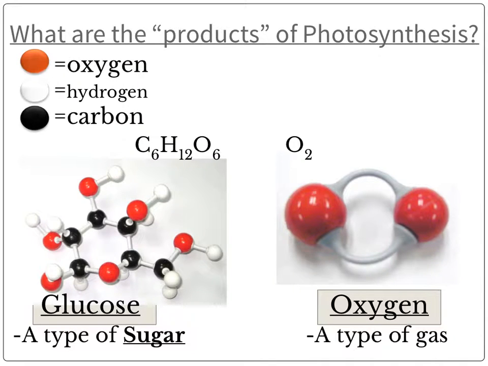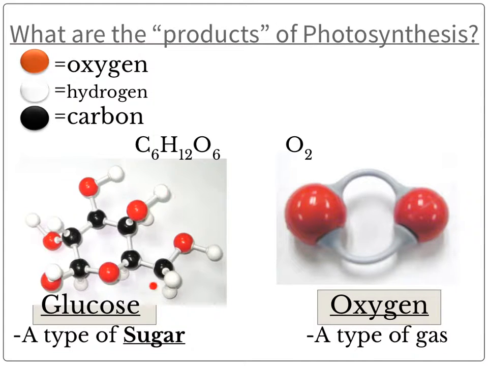Focusing on just the products right now, this is glucose and this is oxygen, and you can see that they're both made out of very similar atoms. Specifically the red ones, which are oxygen, and it's something to take note of that the physical arrangement of the atoms give them their physical properties.